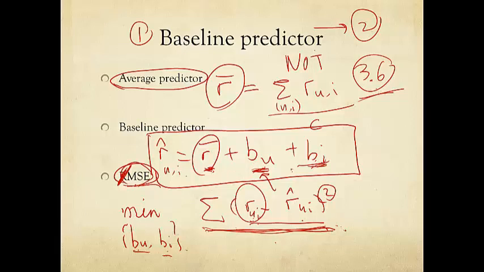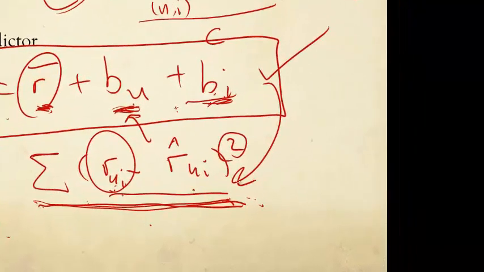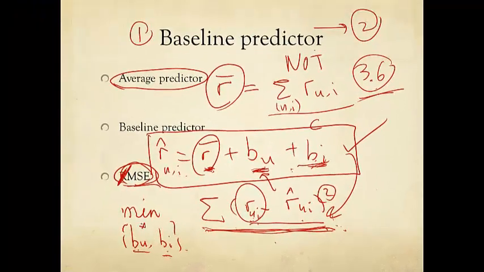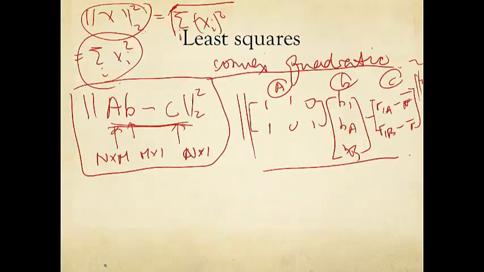So all we're doing is to say, if you believe in this model, stick it into our error term, then you got to solve a least squares problem, which can be efficiently solved by solving linear equation, just like Google PageRank solving linear equation, but over there it's a very different set of equations. And then once you get the optimal BU star BI star, stick it back in here, you get your predictor that minimizes RMSE.